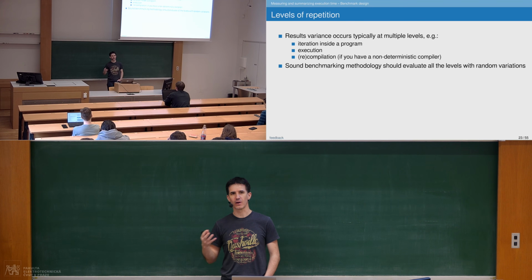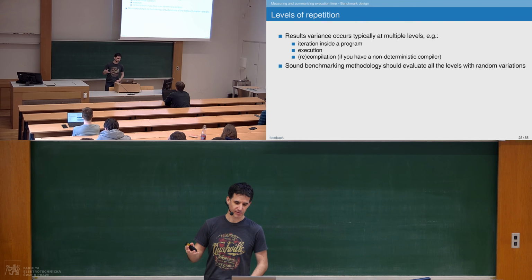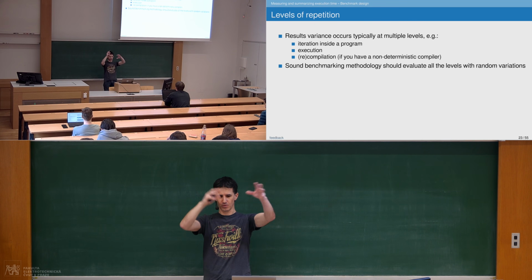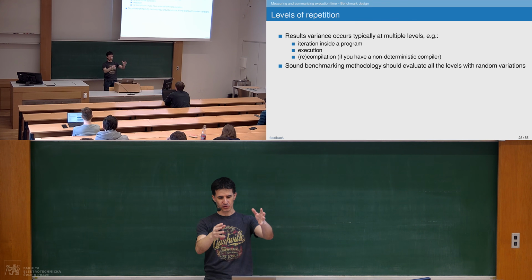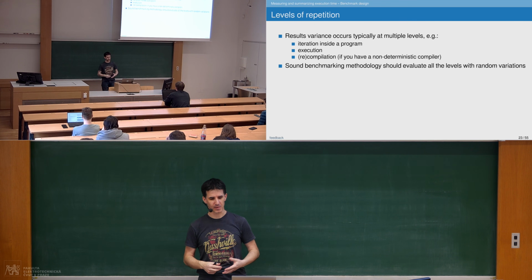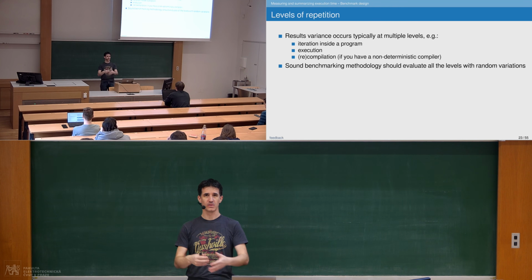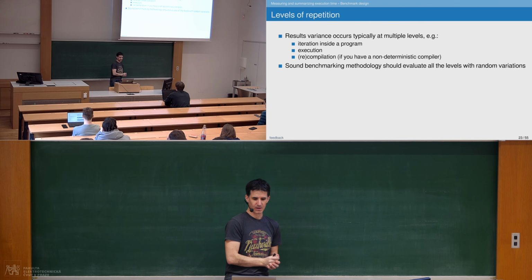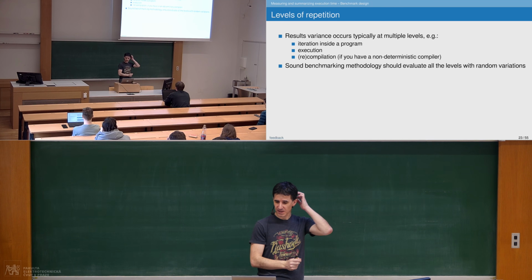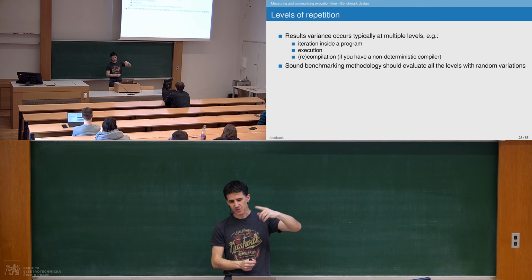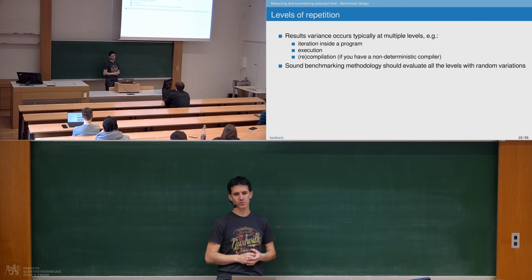Maybe if your memory allocator is not deterministic, then if you run your program once, the memory is allocated somehow and the function is faster. If you rerun the same experiment next time, the result is different.